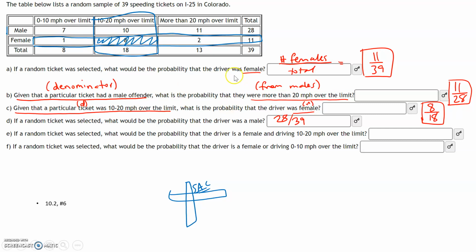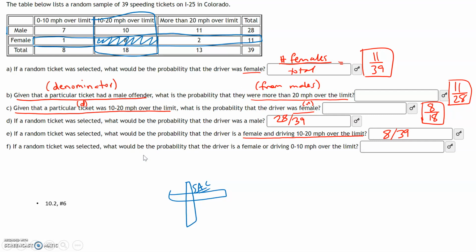And because we don't have a given, we're choosing from everybody, so our probability is going to be 8 over 39. So when you have the word and, look for the intersection, look for where females and the 10 to 20 miles per hour over are crossing. They're crossing in this middle section, which is 8 out of 39. Okay, so and is intersection.